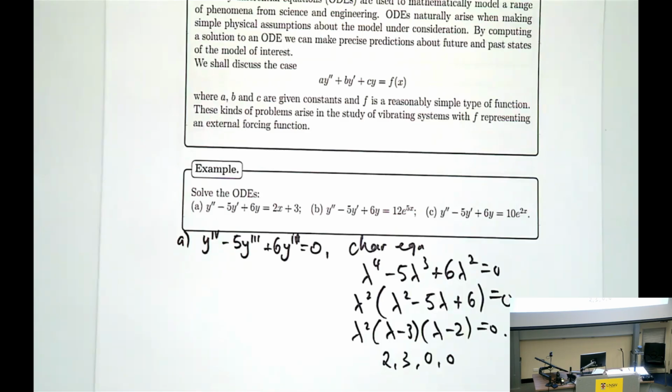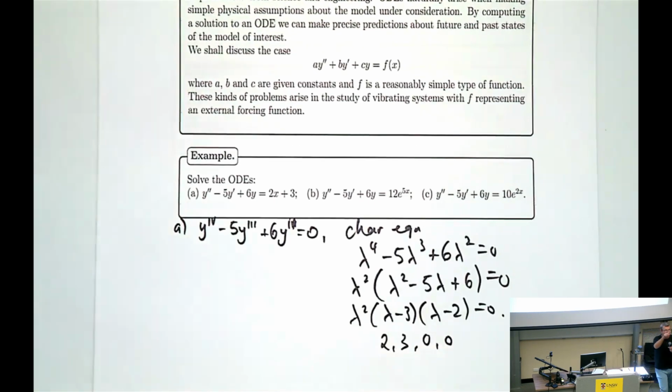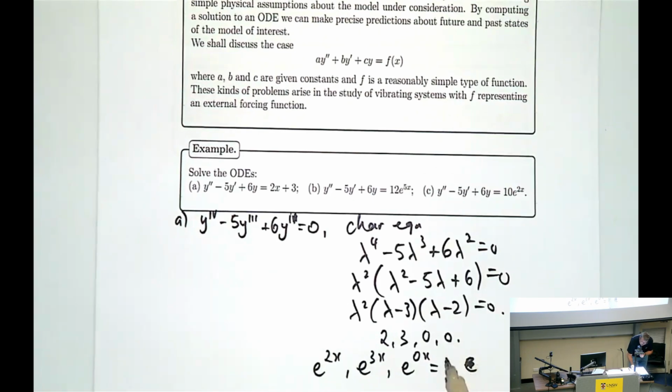So what are our solutions going to be? Well, e to the 2x, e to the 3x, and then what do we do with these? Well, e to the 0x, what's that? That's just 1. And we've got another e to the 0x, so we're going to take that one and multiply 1 by x.